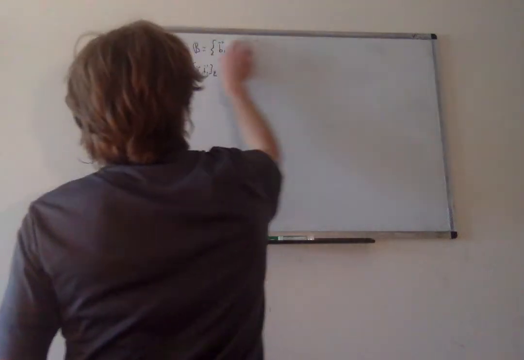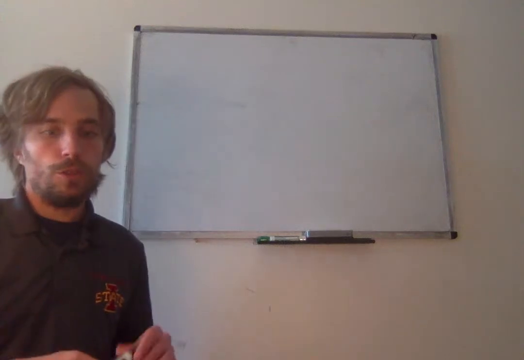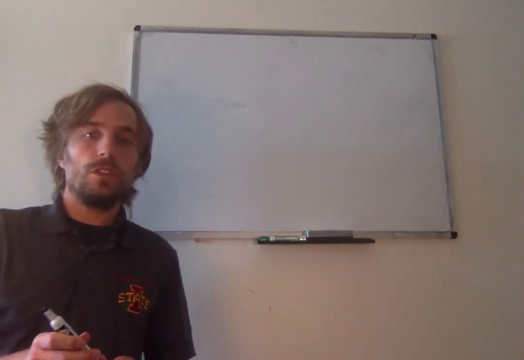So we'll look at an example of what we can do with this in our next favorite vector space, which is the set of polynomials of degree at most 2.